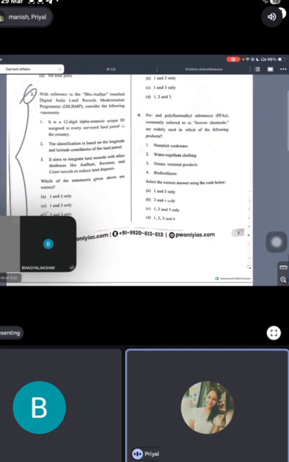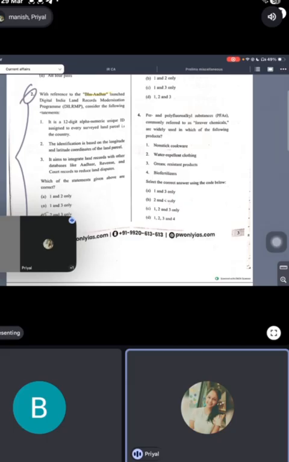With reference to the Digital India Land Records Modernization Program, consider the following statements. It is a 12-digit alphanumeric unique ID assigned to every survey land parcel in the country. The identification is based on the longitude and latitude coordinates of the land parcel.